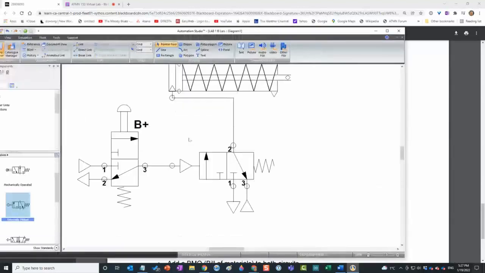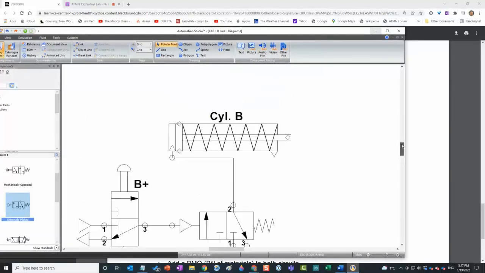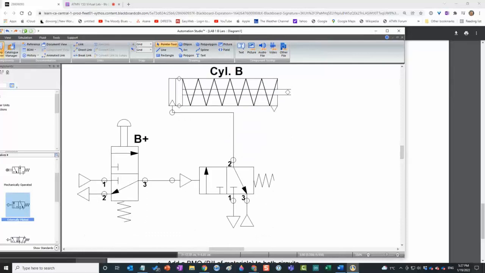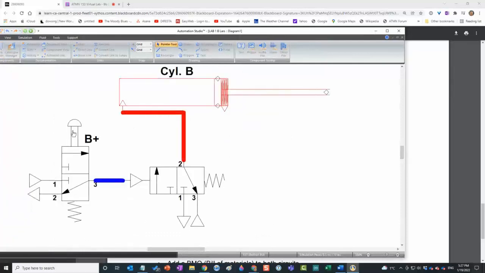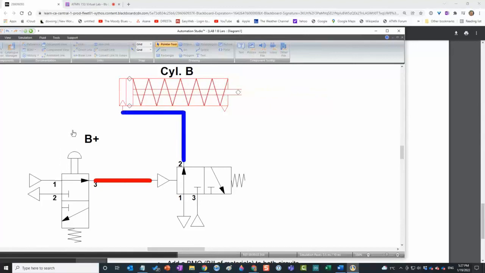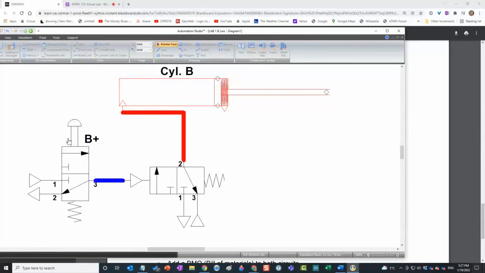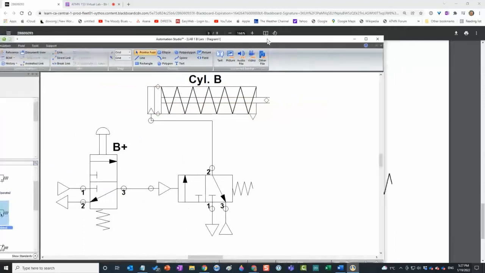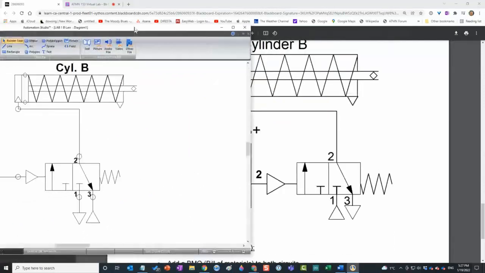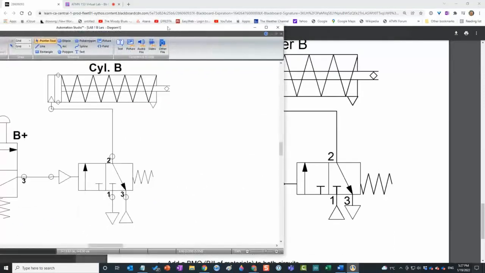I'm going to zoom in here. Hold on a second. Let me just do this. If I simulate this, it's a great test for you guys. If I press this button, it retracts. Dude, I want this to extend when I press the button. But isn't it the same as this? What have I done wrong? Any thoughts?